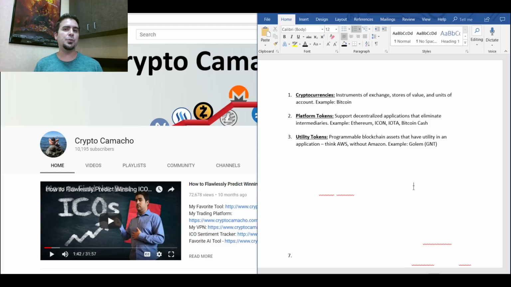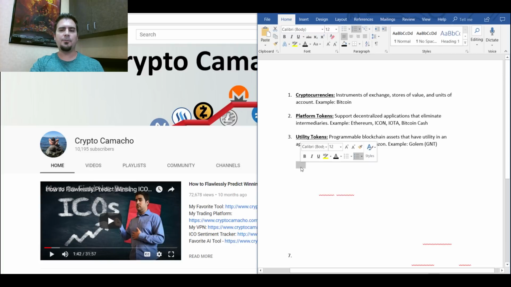So if you wanted to use the Golem network, you would tap into it by purchasing their utility tokens for a nominal fee and use that token to purchase services or programmable assets on that particular blockchain, okay? So hopefully I didn't confuse you there, but that is what a utility token is, okay?